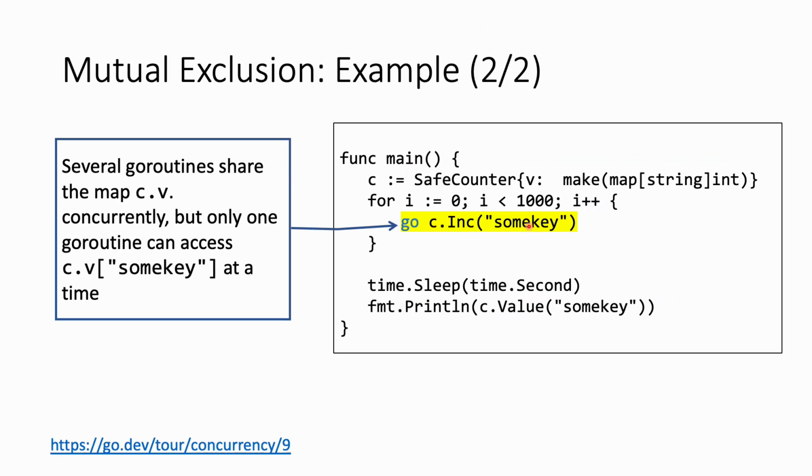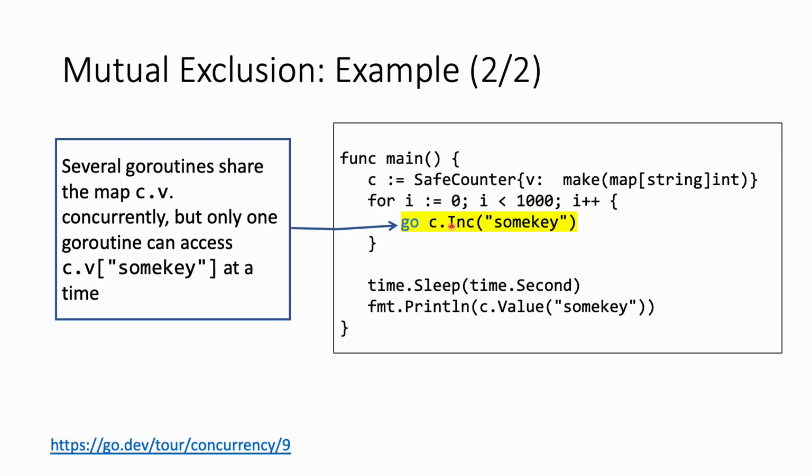After defining the safe_counter structure and its methods with mutual exclusion, we write the main function to test it. The main function creates a safe_counter c and then creates 1,000 new Go routines that share the map c.v concurrently.